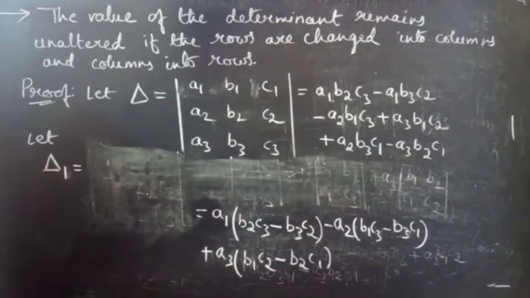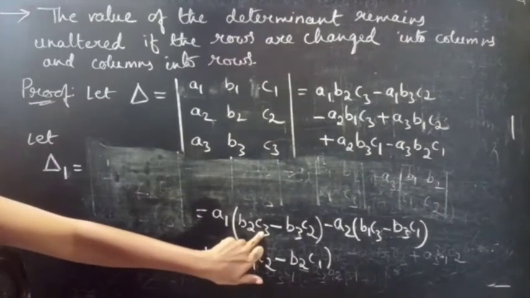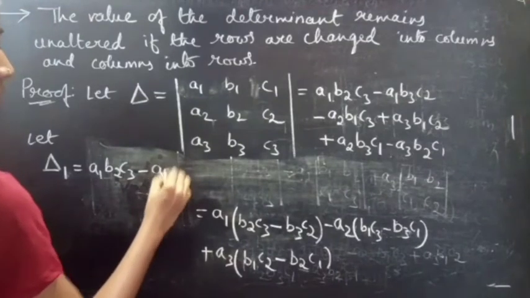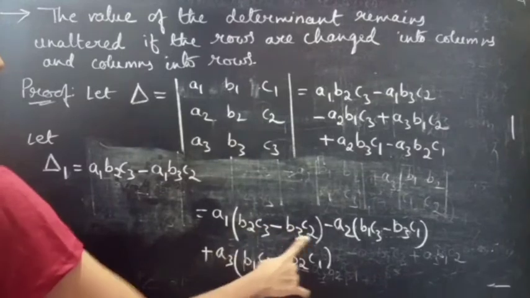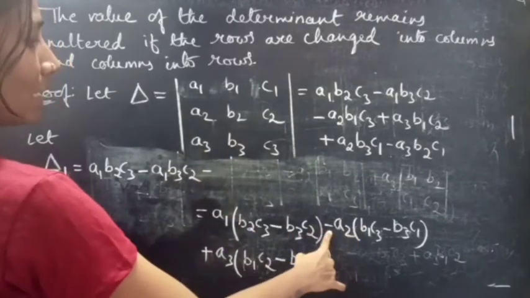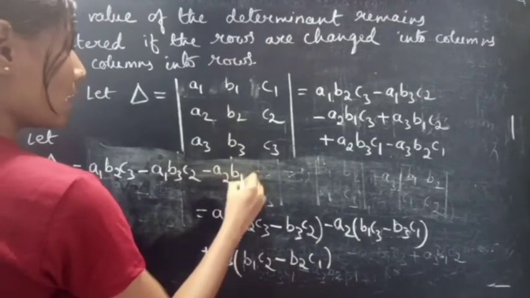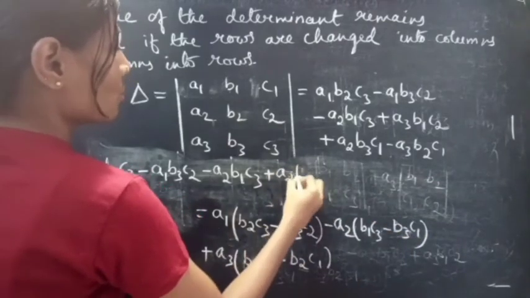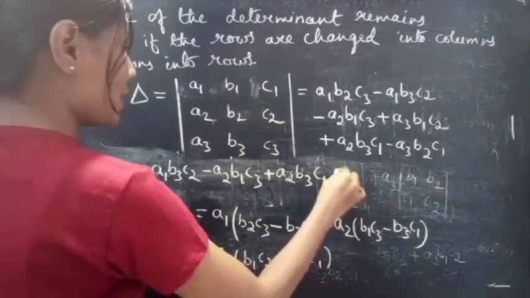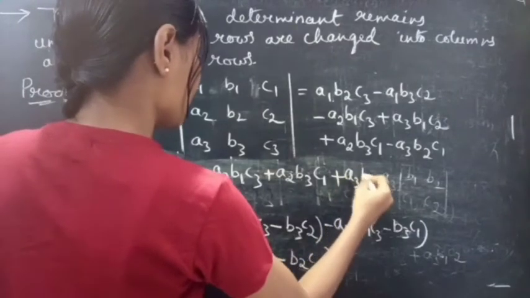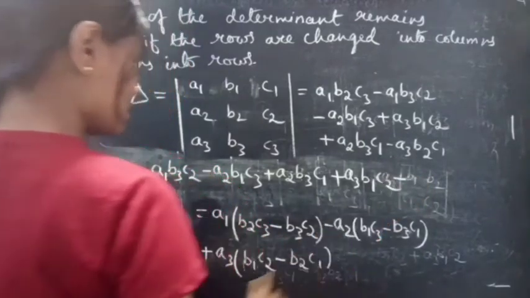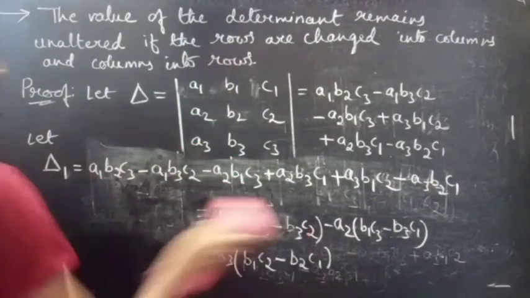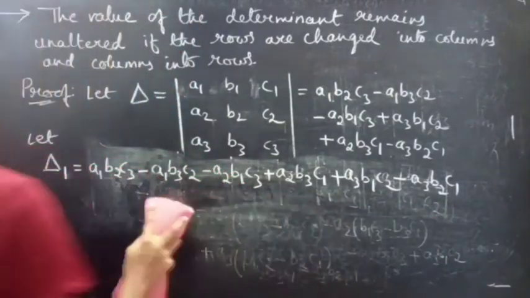So we get delta 1 equal to A1 B2 C3, plus into minus is minus A1 B3 C2, minus into minus is plus, so A2 B1 C3 comes with a minus sign, then plus A2 B3 C1, plus A3 B1 C2, and minus A3 B2 C1.